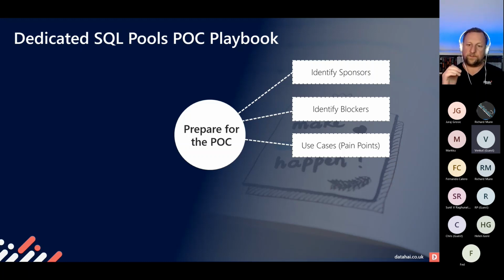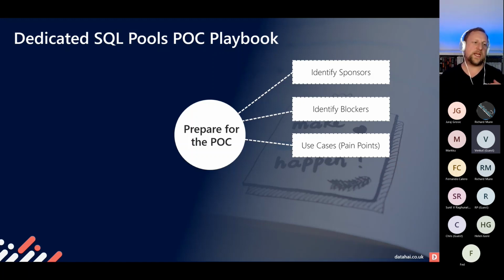And then the use cases, and I'll put pain points in brackets as well. This is the crux of why you'd be doing a proof of concept with Synapse Analytics. What are the use cases? Do you have an on-premise data warehouse workload that is becoming difficult to maintain?